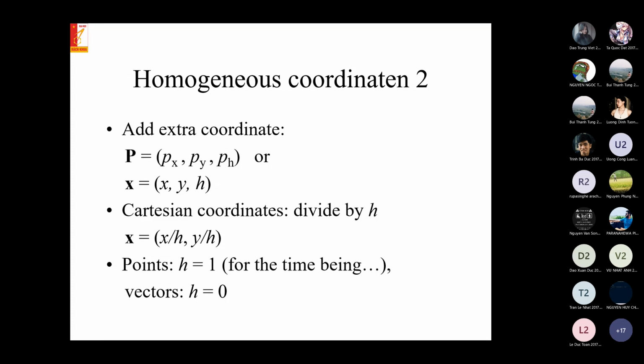The relation between the Cartesian coordinates and the homogeneous coordinates is set up by the relations of x.